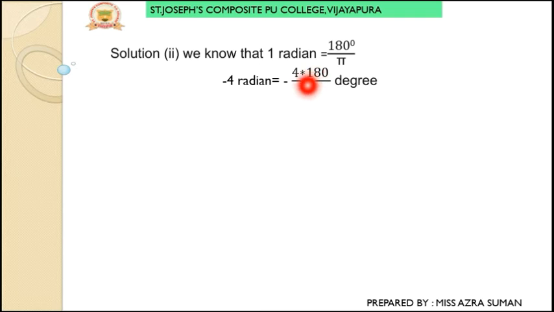When we substitute 22 by 7, the 7 is in the denominator of the denominator, and we know that denominator of denominator becomes numerator. Then we get minus 4 into 180 into 7 whole divided by 22 degree.